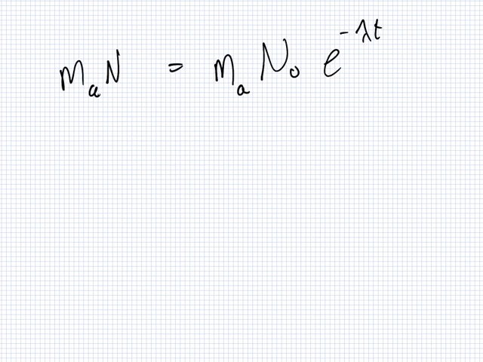Yeah, but wait, watch this magic now. N is number of atoms, right? But if you multiply both sides by, let's say, Ma, which is the mass of the atom, number of atoms times the mass of the atom is just the total mass.